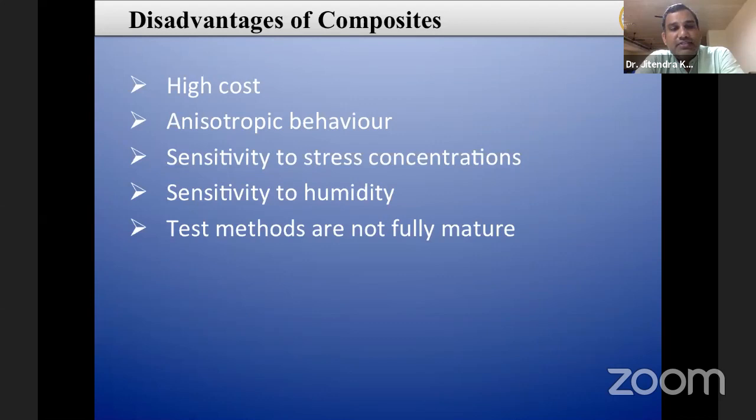Test methods are still undergoing research. Which test is best is still not decided. For example, for the flexural test, 3-point or 4-point bending, people are doing sometimes both, sometimes one. Which one is best, nobody knows, but they have set up the methods, they have produced them, and you can find them in the various literatures.